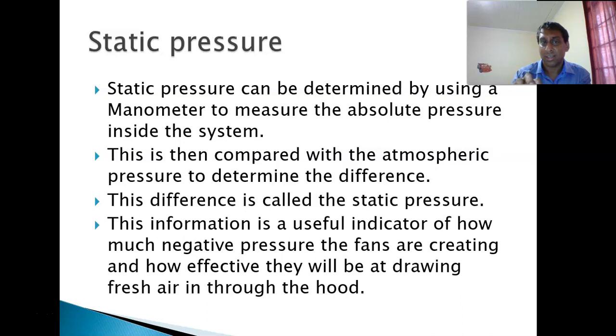So using the manometer, again the U-shaped version that they mentioned here, if you measure the absolute pressure with the Pitot tube inside of an LEV system, and this would be before the fan, you have to have what is called negative pressure to create suction.